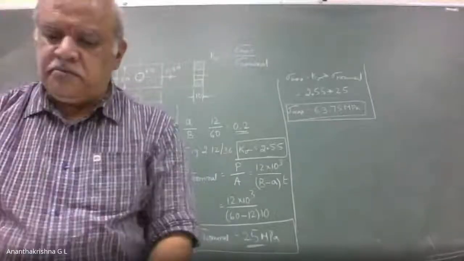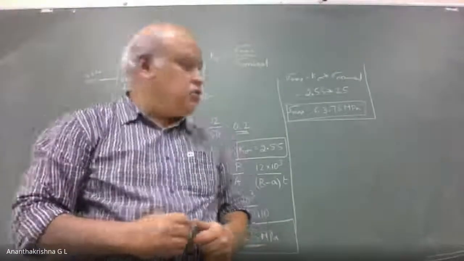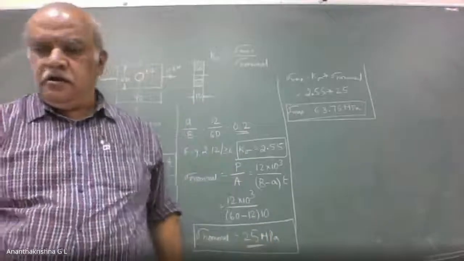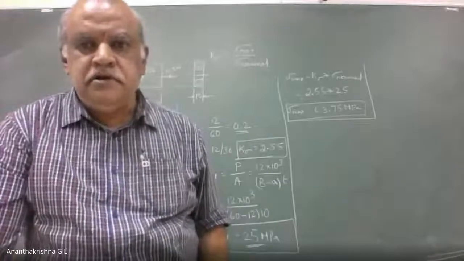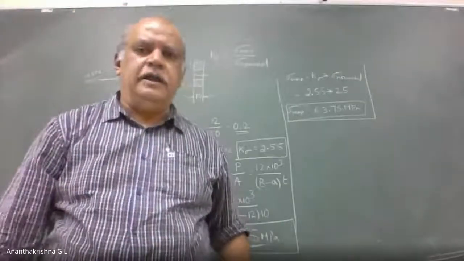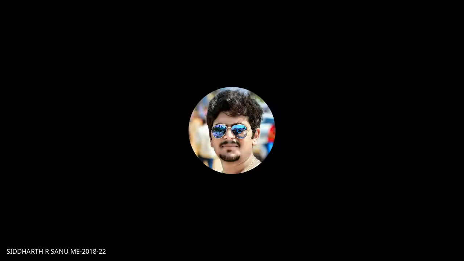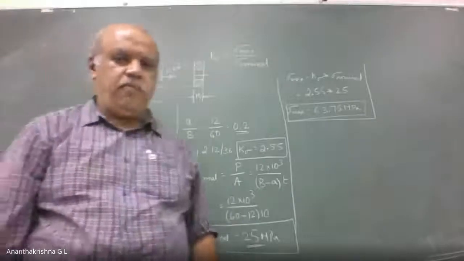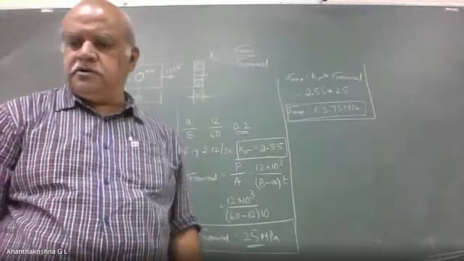Yeah, come to the next part of the problem. Have you noted down this? Yeah. Then in that case, Siddharth Sanu, you are there? Siddharth. Yes, sir. Please read the second part of the problem. A circular shaft. We have taken down that one also.